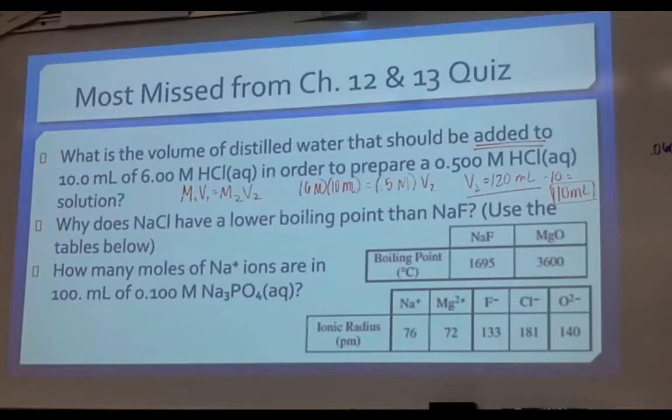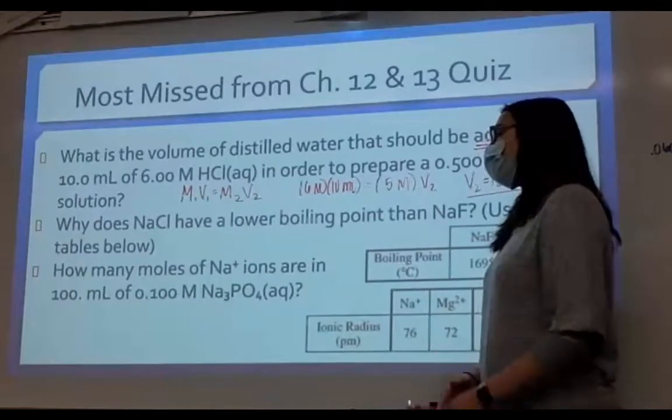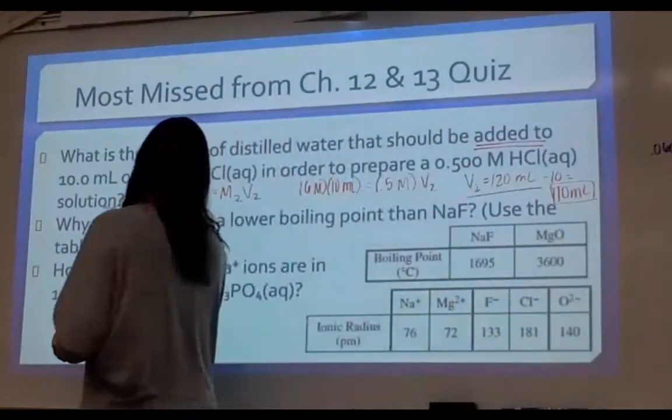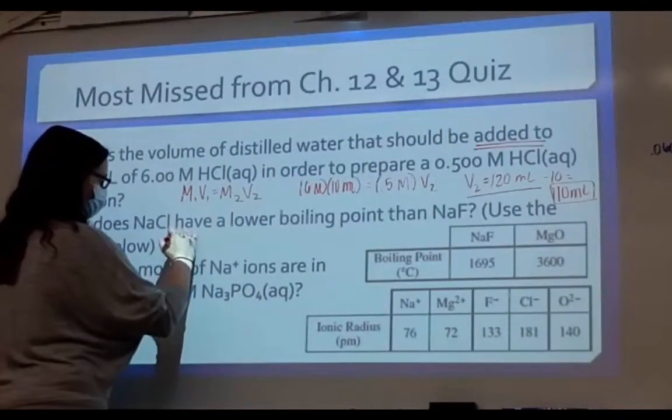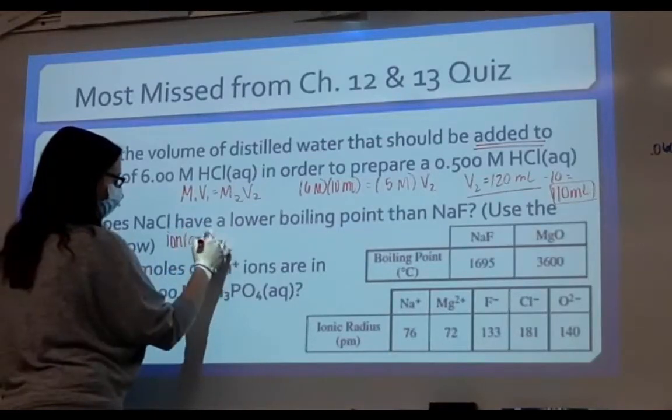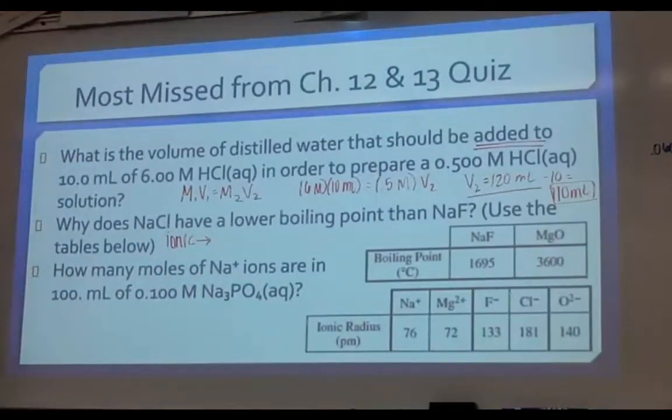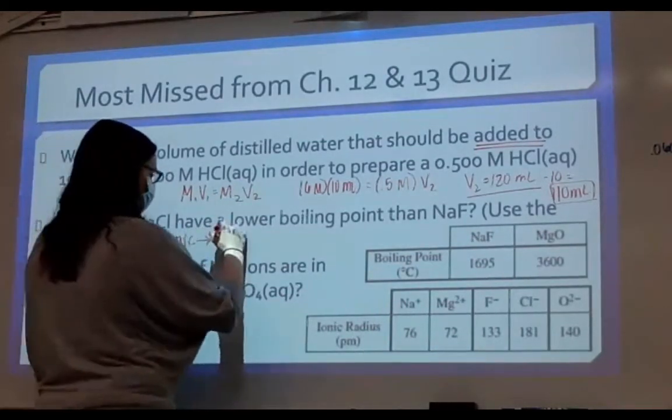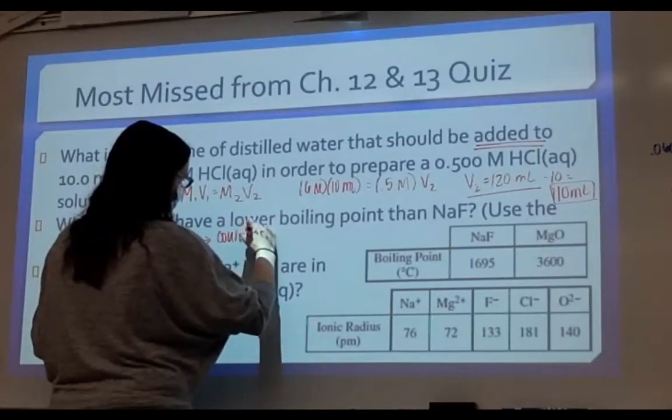Then they give us these ionic radii. These are both ionic. For ionic substances, so whenever something is ionic and you are looking at properties, boiling point, melting point, even the attractive forces, so even the strength of the ionic bonds, we have to actually go back to Coulomb's law.